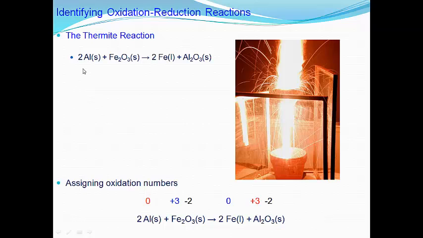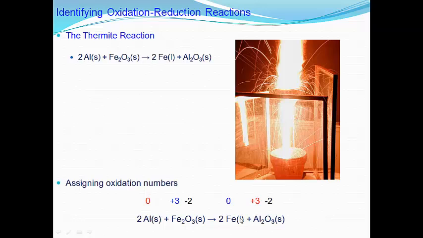Now, how do we assign the oxidation numbers? We apply the rules as outlined in the previous slides, and in this reaction we see that aluminum in its elemental form, solid, has an oxidation number of 0. In the case of iron 3 oxide, and I'm saying iron 3 because I know that it's iron 3, we know that oxygen has a 2 minus, and therefore 3 times 2 is 6. And therefore, if we have 2 irons, then the oxidation number of our iron is 3 plus.